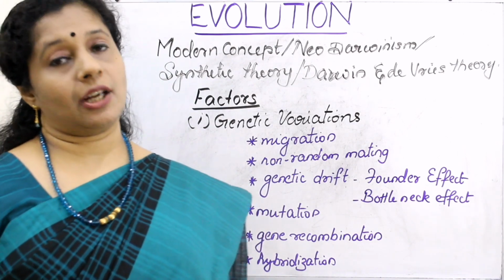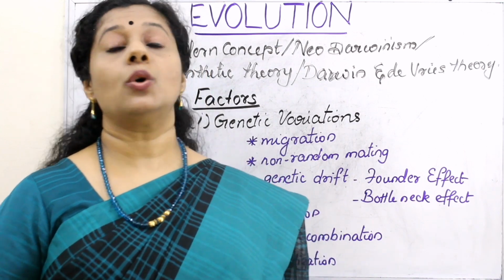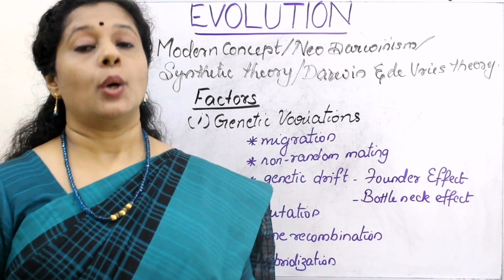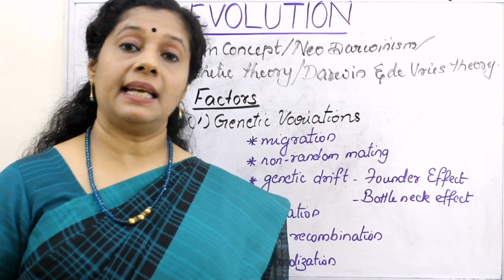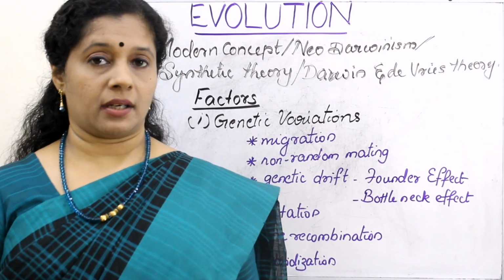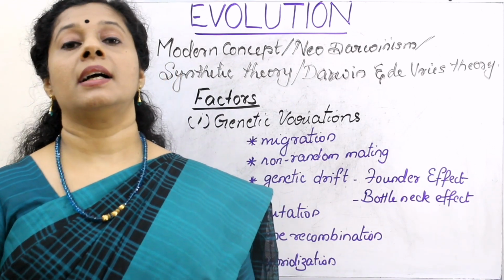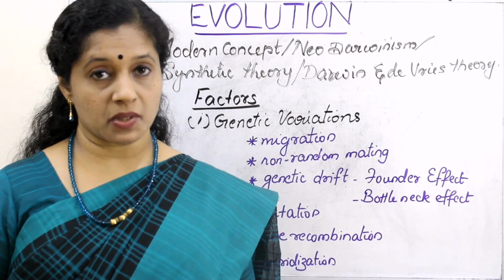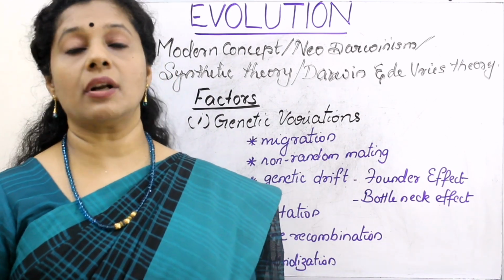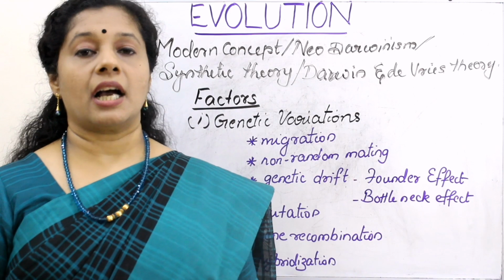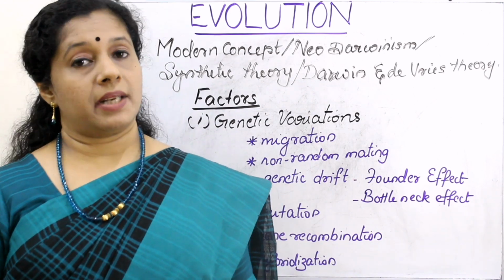Then gene recombination. A new combination of genes can always lead to genetic variation. When does gene recombination occur? We know it mainly occurs through crossing over. During the pachytene stage of meiosis 1, prophase 1, two homologous chromosomes come together and they exchange their parts. So that is a reason for recombination, right? And also when we are doing artificial hybridization, recombination can occur.